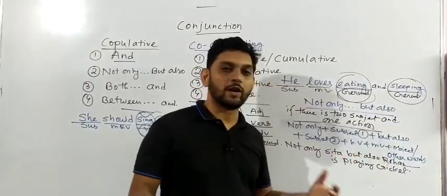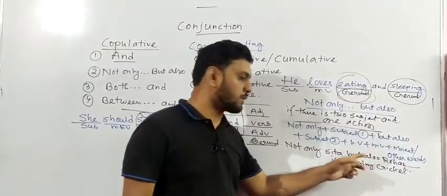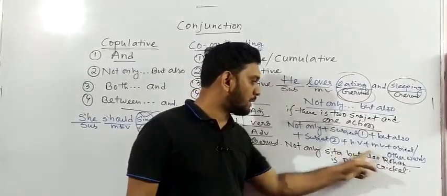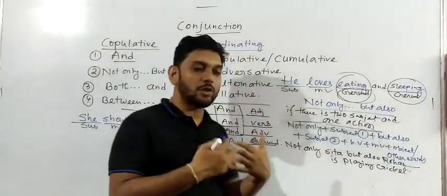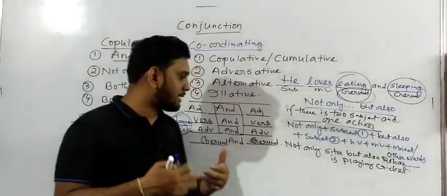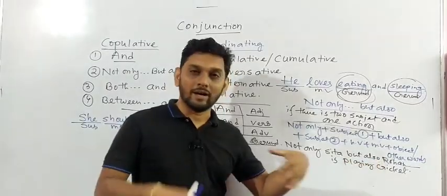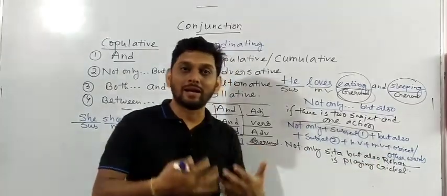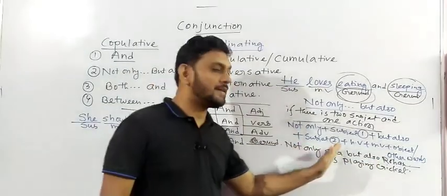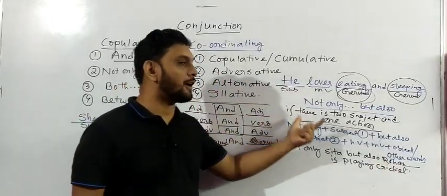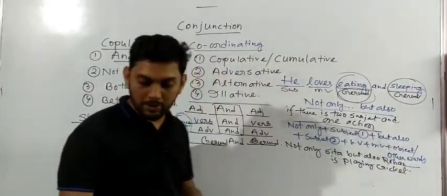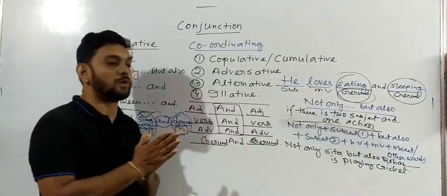So both maintain parallelism, and it is a series of nouns. That's a very important part of our English language, because unless you understand this topic you can't go forward.